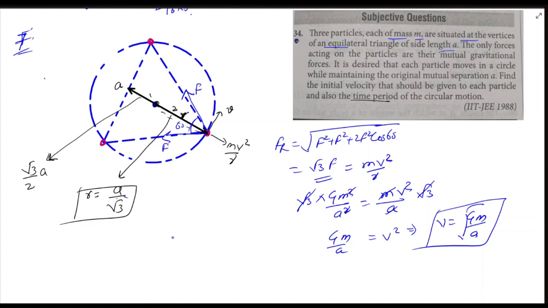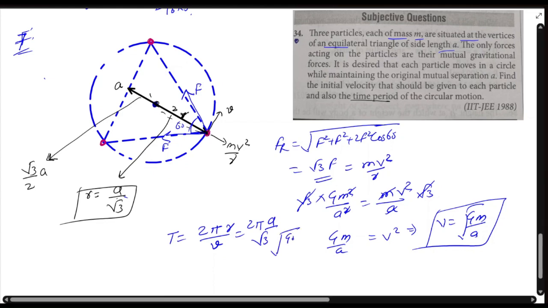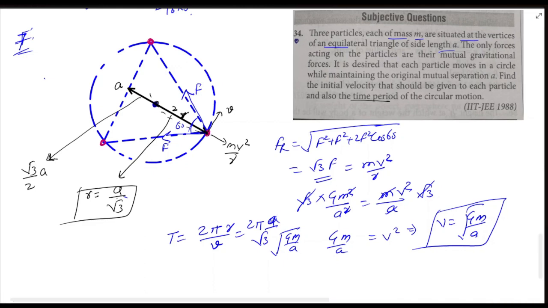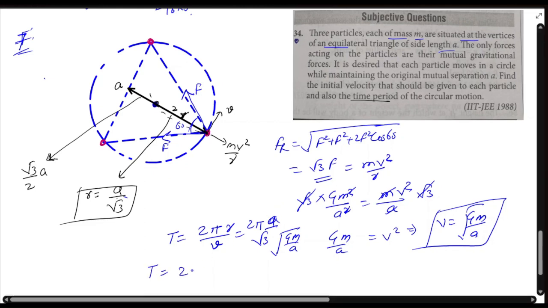Right. Now if I want to find the time period, it will be 2 pi r upon v. So 2 pi r, where r is a by root 3, and v is root GM by a. So one root a and a will get cancelled, so we'll have root a in the numerator. So the time period will be 2 pi root of a upon 3 GM.